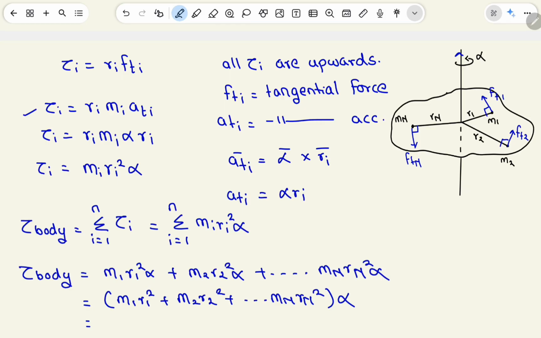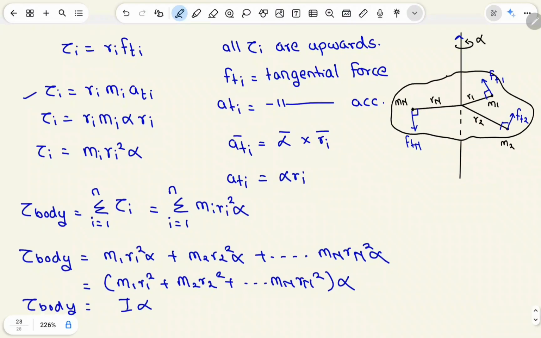As we have seen in the last derivation, this bracketed term is the moment of inertia, so in its place we can write the moment of inertia of the body, I, and multiply it with alpha to get the torque acting on the rotating body.